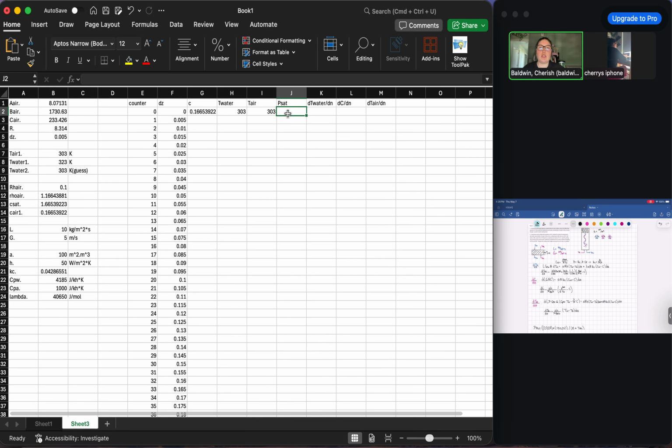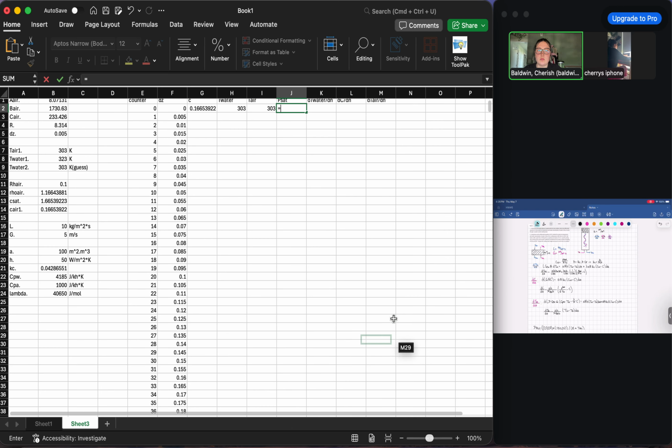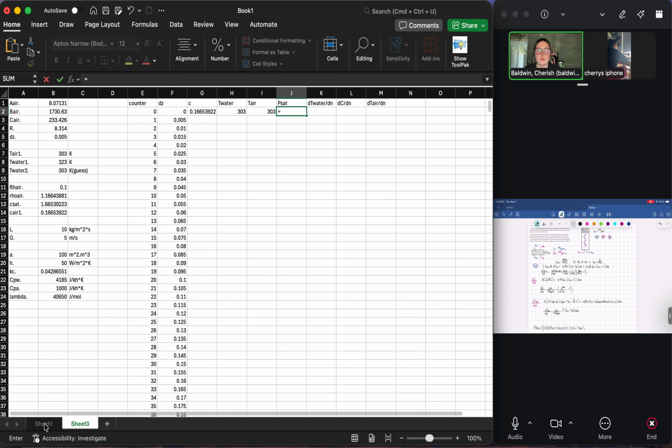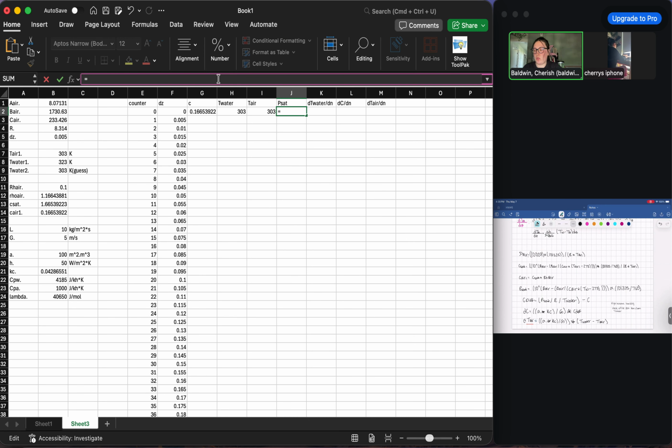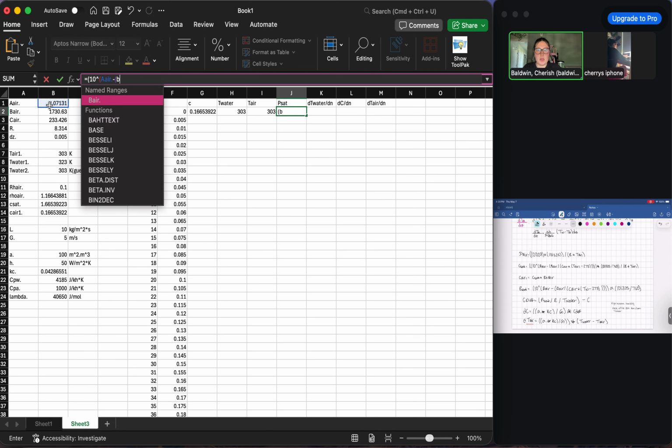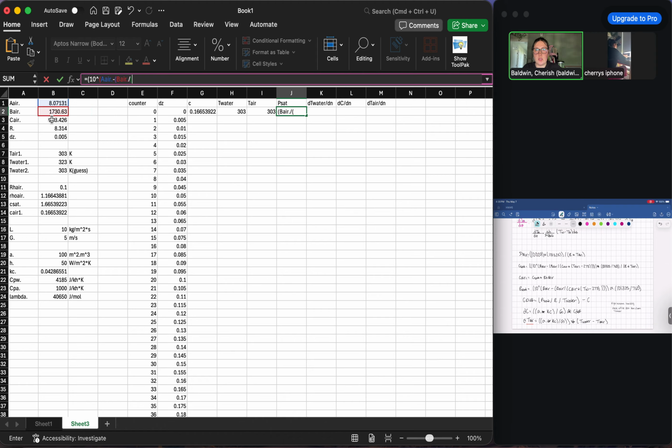Our pressure saturated is equal to our Antoine's equation, B air divided by C air plus the temperature of air minus 273, because we have to turn it back into Celsius, multiplied by our conversion.